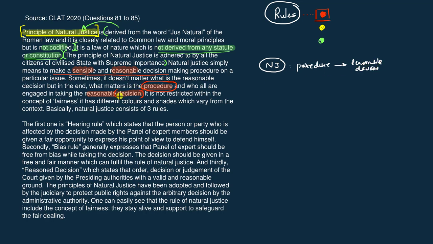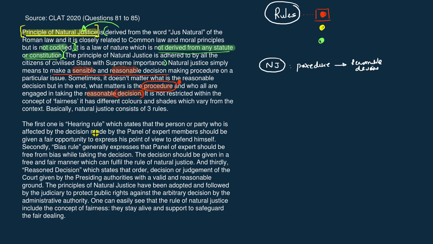The reason why I understood this to be my red signal, ladies and gentlemen, is that when we look at a legal reasoning passage, I need to make decisions at the end. In the sense, I want to answer a particular question which poses me a situation, an issue, and says make a decision on this. Tell me whether it's yes or no. For me to make a decision, I'm looking at words or sentences which give me some direction to make the decision. Now this particular thing is a good direction, saying that I'm interested in the procedure.